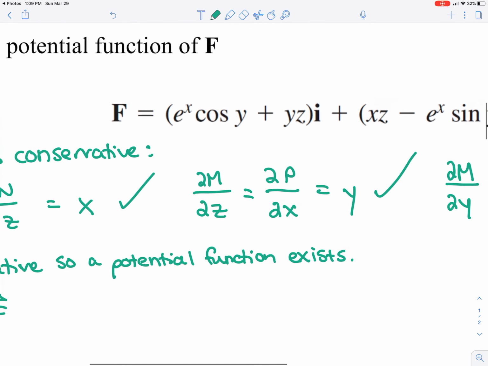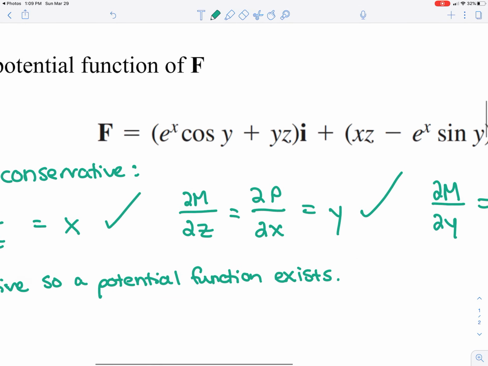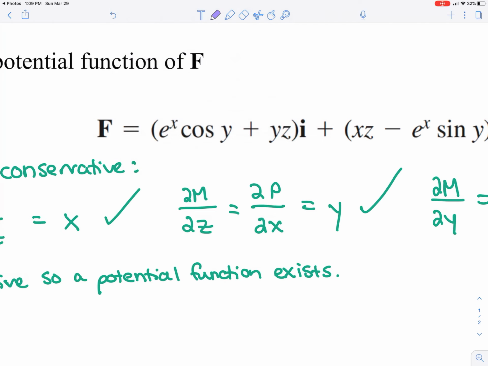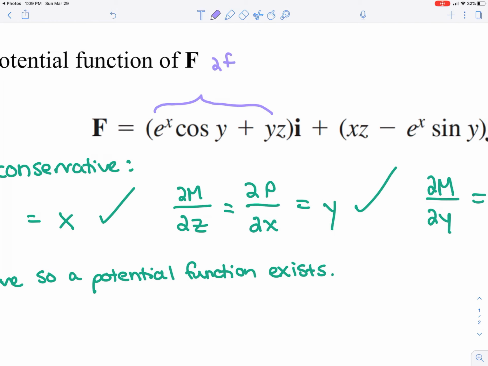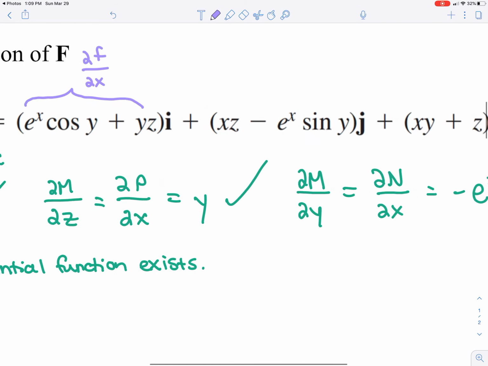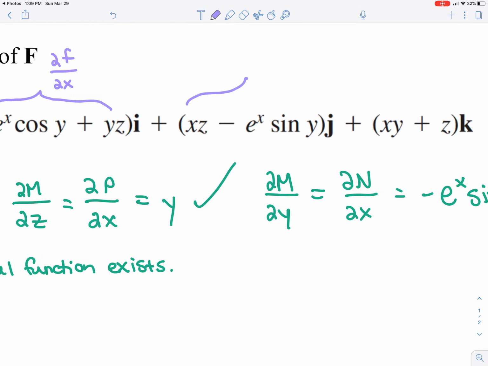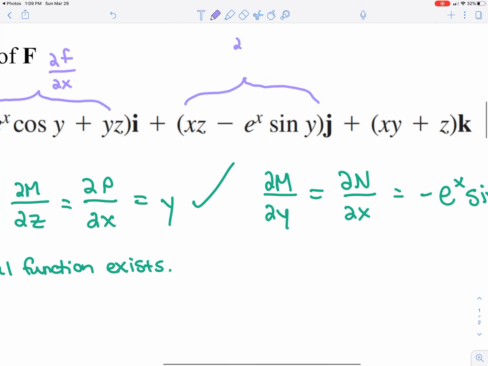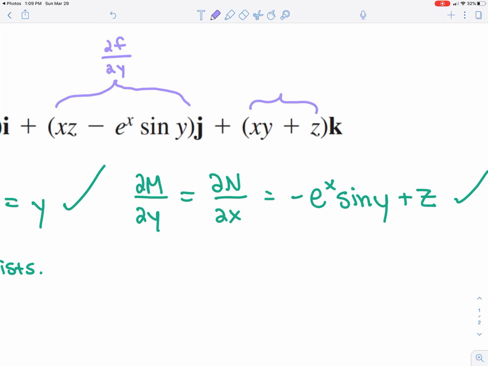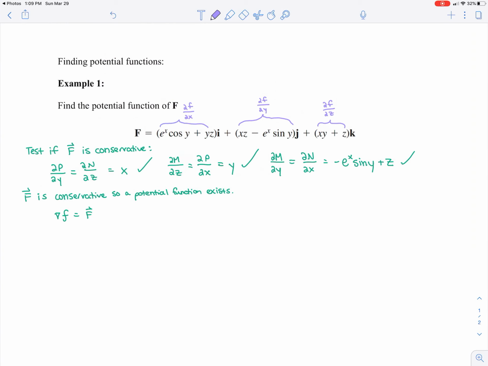So this has to be equal to df dx, this has to be equal to df dy, and this is df dz. And we know that because this is the gradient of a function, because we know it's conservative. So we can write that out here.